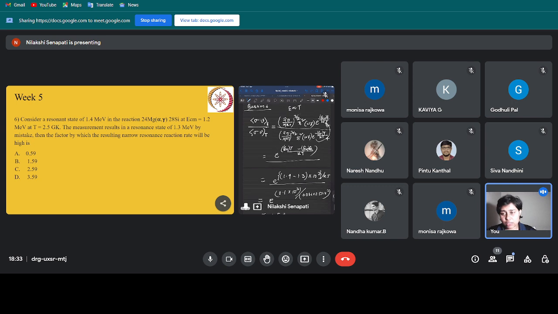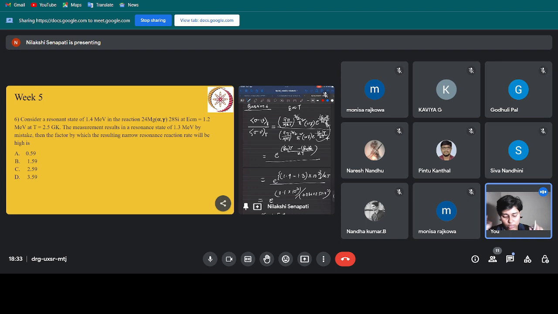The thing is that you need to understand that the factor by which the resulting narrow resonance reaction rate will be high is nothing but the ratio of the reaction rate at two different temperatures. Which one is greater?